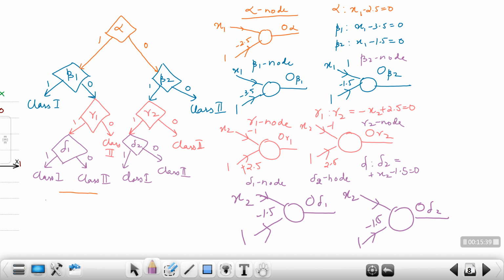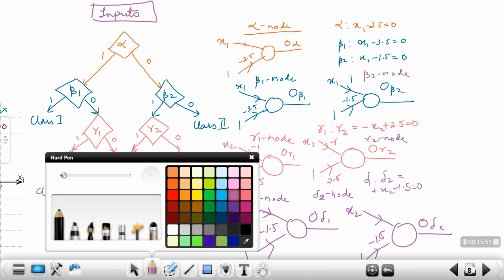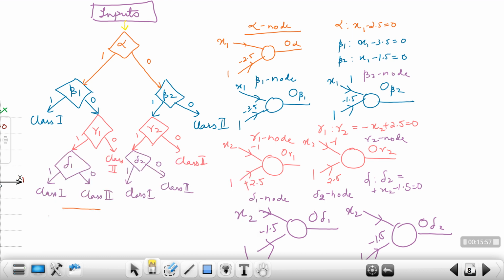Only in this particular main neural network we have not yet indicated the inputs, which we will be showing here. Inputs, and these inputs have to go to each and every node. When the same inputs are going to many nodes, I will just draw one line rather than showing many lines.